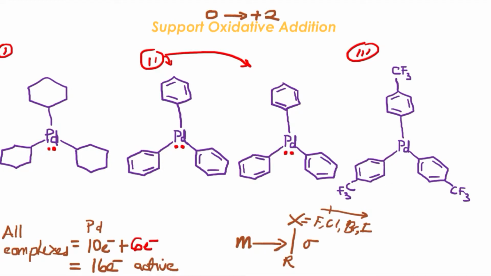So once you have those 2 electrons readily available, it all boils down to the ligands that are attached to palladium.